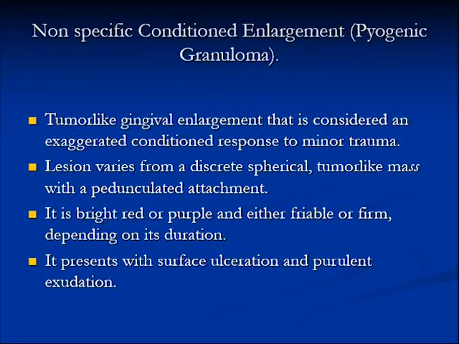Next is non-specific conditioned enlargement, pyogenic granuloma. It is also called Crocker's and Hartzell's disease. Pyogenic granuloma is a tumor-like overgrowth of the gingival tissue that occurs due to an exaggerated conditioned response to minor trauma. It appears as a discrete spherical tumor-like mass with a pedunculated attachment. It is reddish or bluish, sometimes lobulated, and may be sessile or exudative.